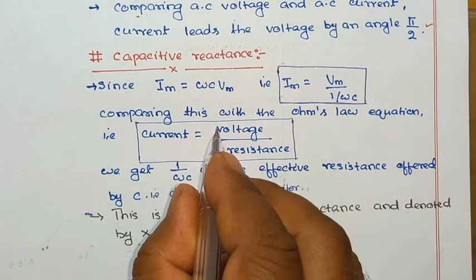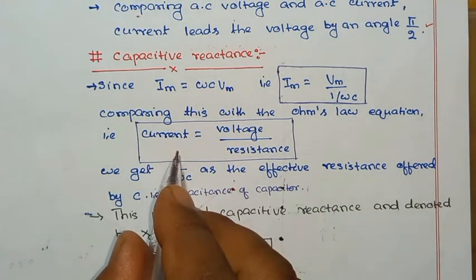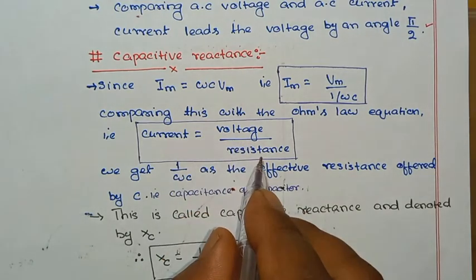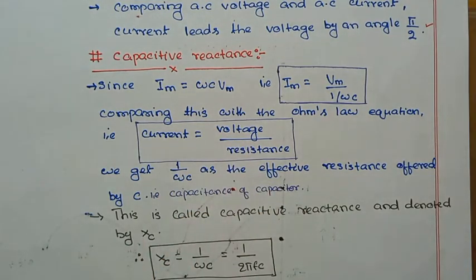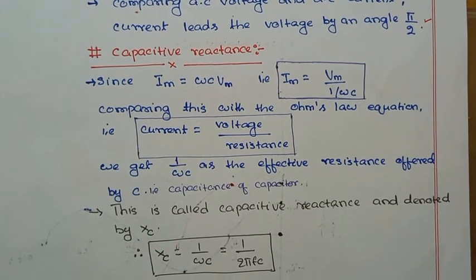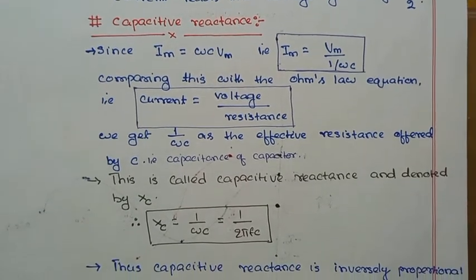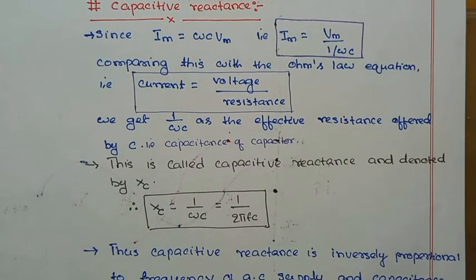Comparing this with the Ohm's law equation, current is equal to voltage by resistance, we get 1 by omega c as the effective resistance offered by the capacitance of the capacitor. ठीक है?